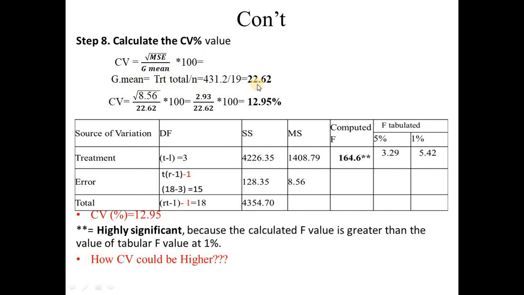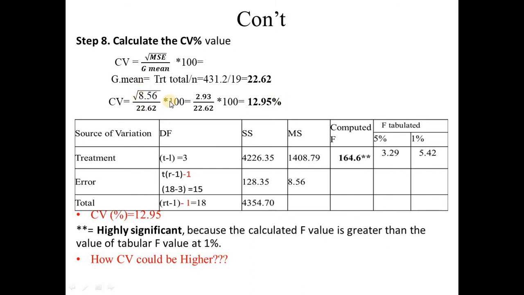The n was 90 because one observation was missed, and if we divide this grand total by the number of observations, we will have this value. This value is important to calculate CV, as it is used as the denominator.